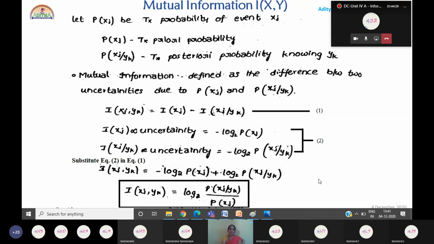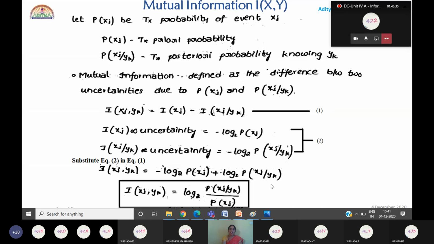Any one of you? This is the mutual information whenever the information is transmitted from the transmitter section to the receiver section. For example, if the receiver wants to send the acknowledgement to the transmitter, then the corresponding probability will be P of yk, the receiver priori probability, and P of yk by xj will be the receiver posteriori probability.